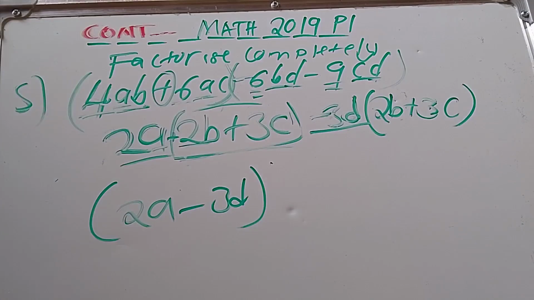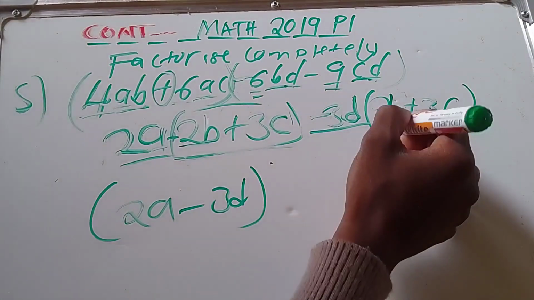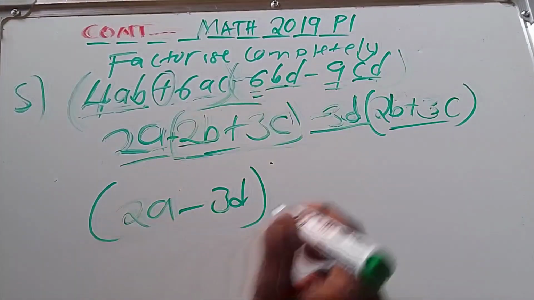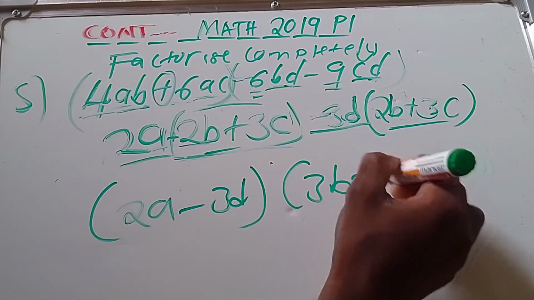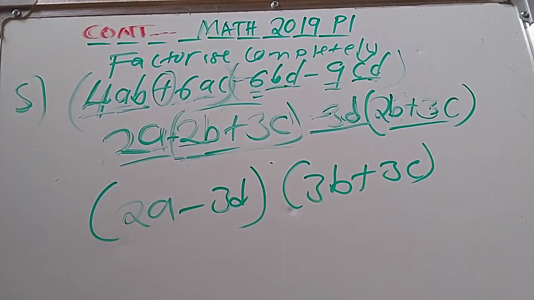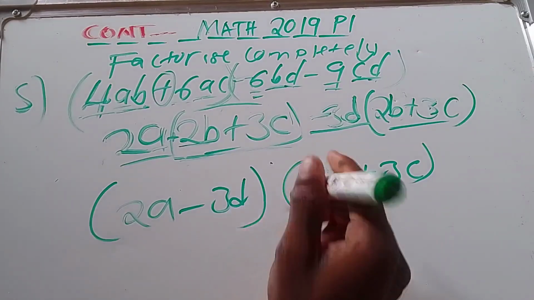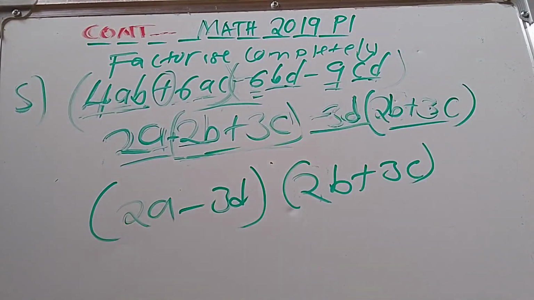You put them in the brackets, as you can see. Have you seen? Then what we have, which is the same, is 3b plus 3c. Sorry, not 3b, but 2b. Sorry.